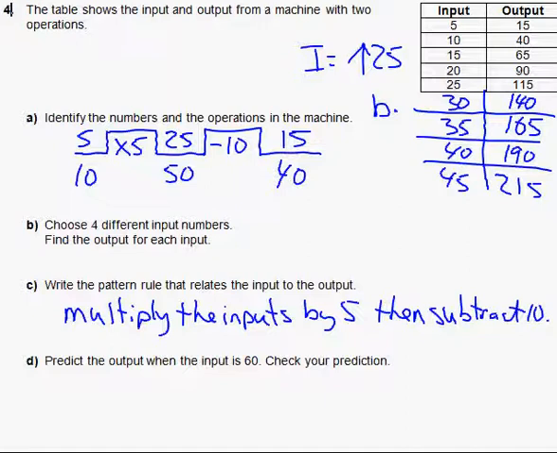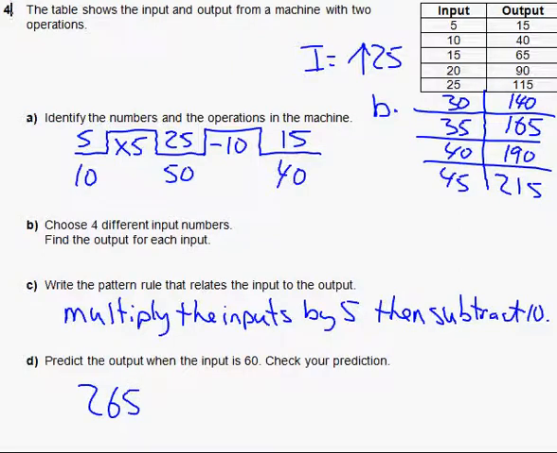If the outputs are going up by 25, that would be 2 more 25s, and 2 25s is 50. So I'm going to say 215 plus 50, 265. That's my prediction, just using my quick math in my head.